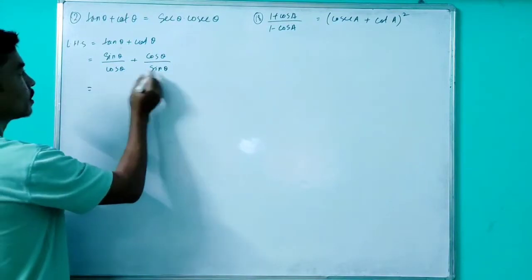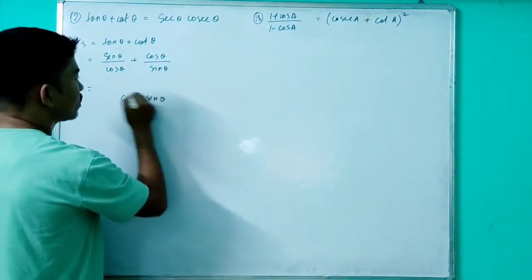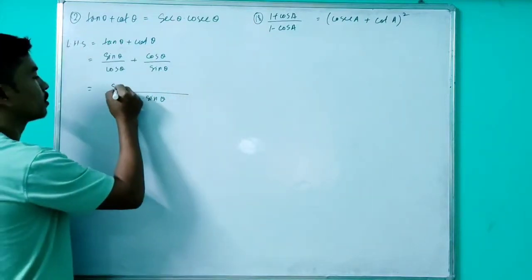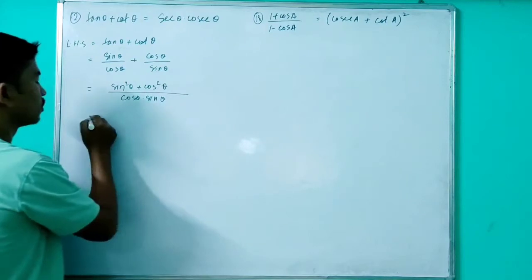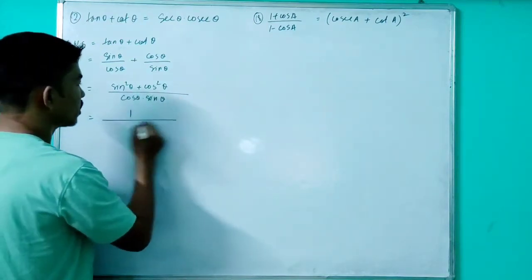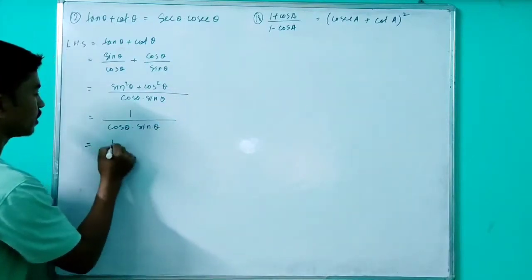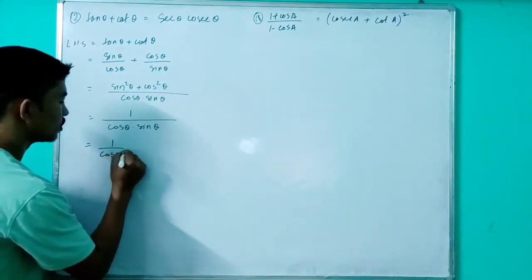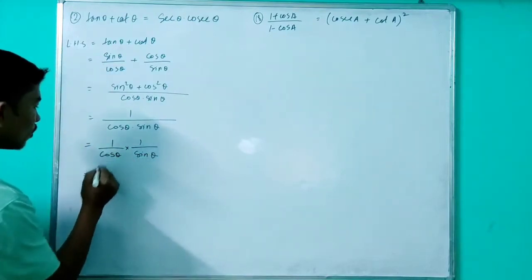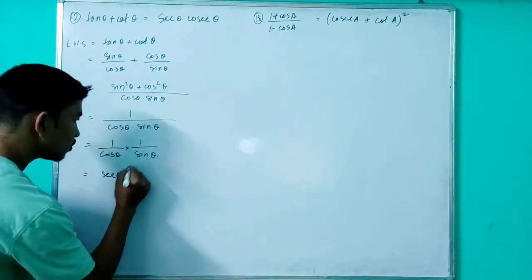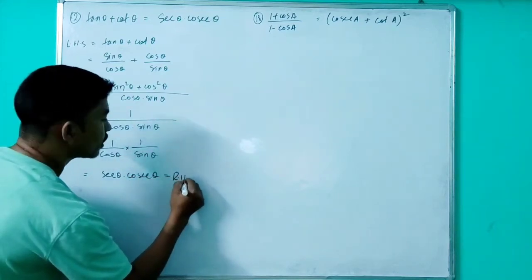So now, taking the LCM, it is cos theta into sin theta, and the numerator becomes sin square theta plus cos square theta. We know that sin square theta plus cos square theta is equal to 1, so it is 1 divided by cos theta into sin theta. Now I will write this as 1 by cos theta into 1 by sin theta. Now 1 by cos is sec theta, into 1 by sin is cosec theta, which is equal to the right hand side.